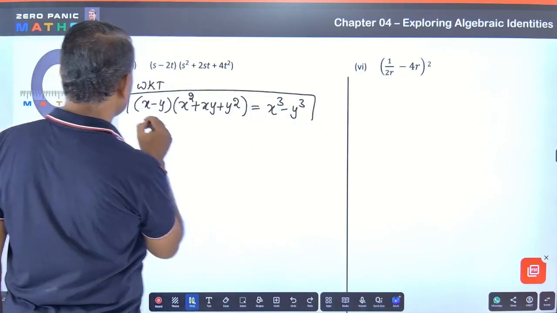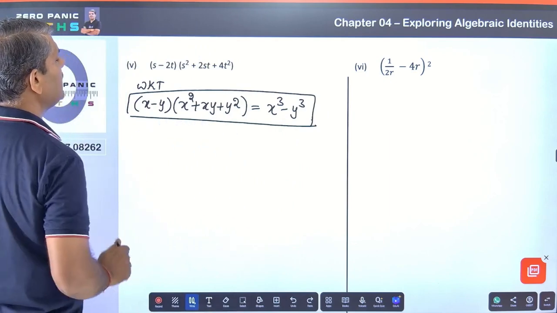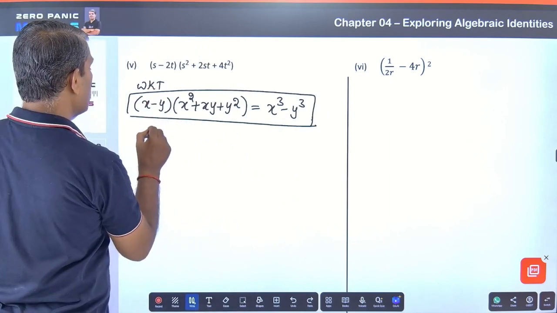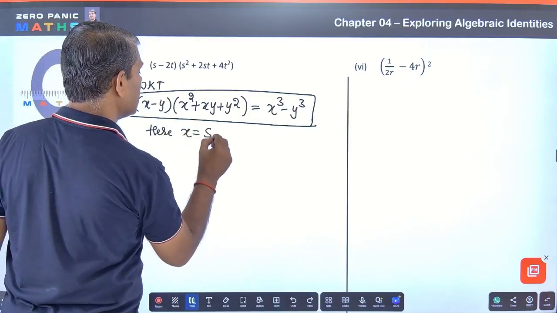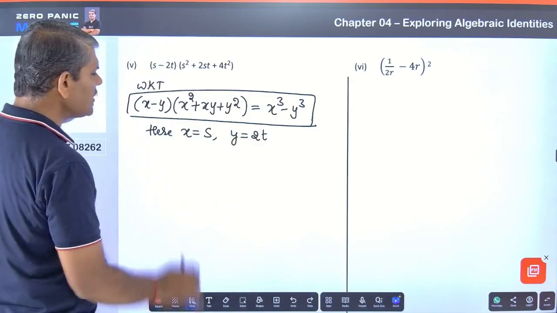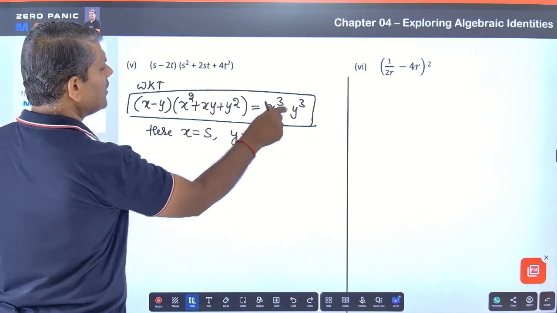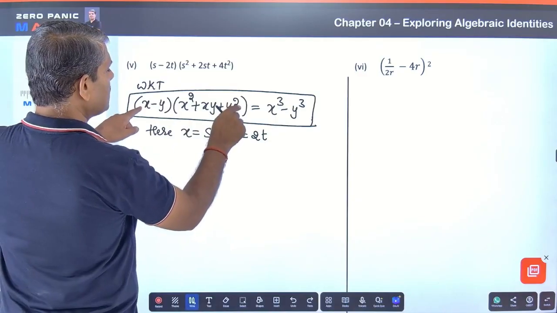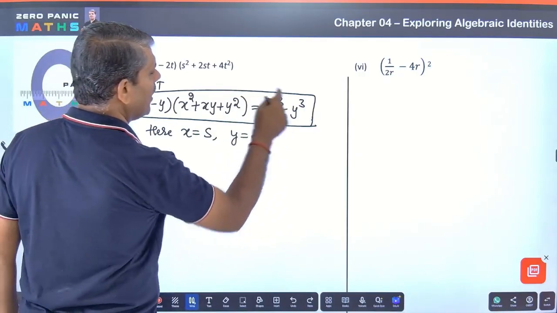That is the reason I told you that you have to remember all the identities. That will make your job easy. Now here what is x? X is s, and what is y? Y is 2t. So considering x as s and y equal to 2t, we can expand this because this is in the expanded version, and we can write directly x cube minus y cube.